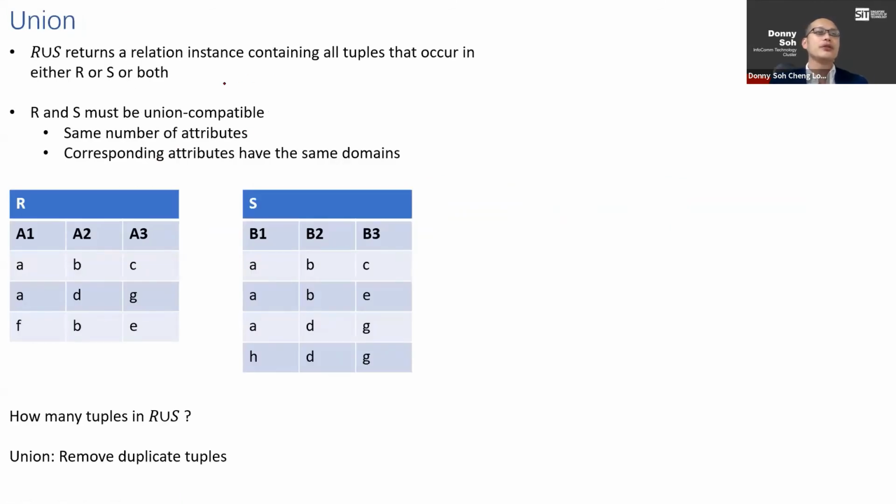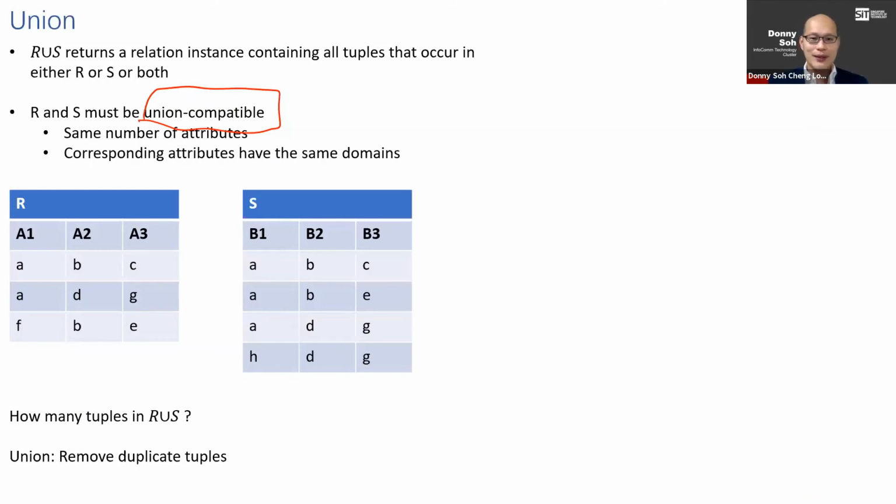So R union S is the instance that contains all the tuples that occur in either R or S or both. So here we have R and S. When we do union, they must first be union compatible, meaning that they must have the same number of attributes and they must have the same domains.